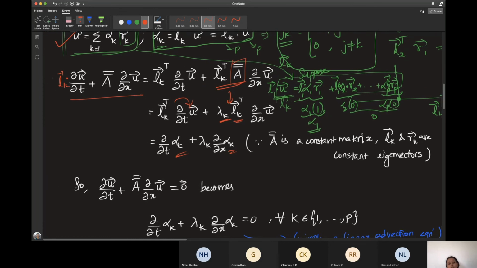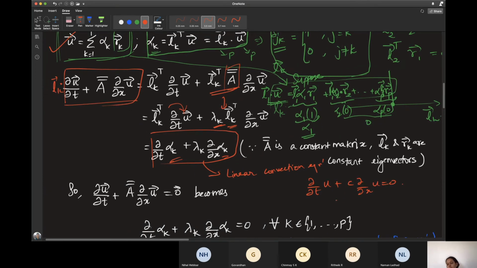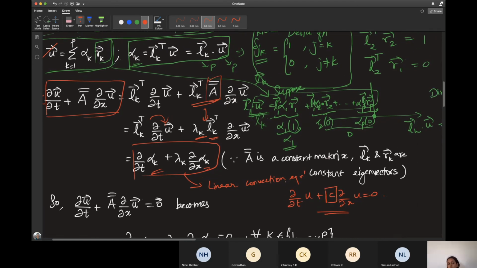So now this whole system, which is a vector equation, has transformed into a scalar equation because of this dot product. And if you notice, this is just a linear convection equation which we have studied earlier, something like dou by dou t u plus c dou by dou x u equals 0. This is just a linear convection equation because you have a constant here.